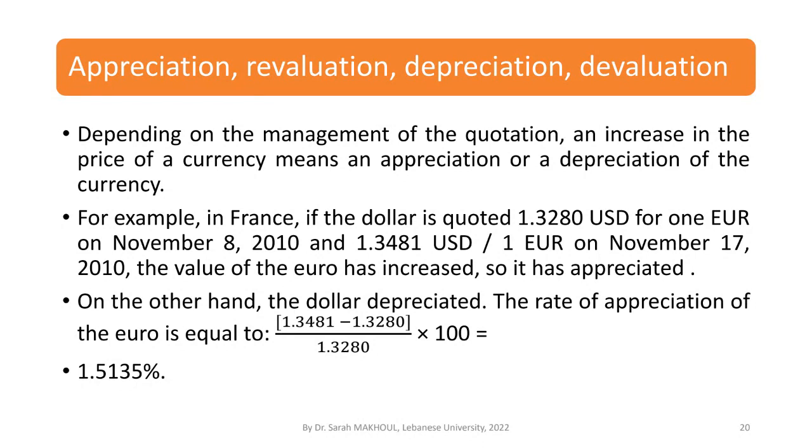If you are in France and the dollar is quoted at 1.3280 US dollars for 1 euro, let's say on November 8, 2010, and it is 1.3481 US dollars per 1 euro on November 17, then after a few days the quote of the dollar against 1 euro has moved from 132.80 to 134.81.